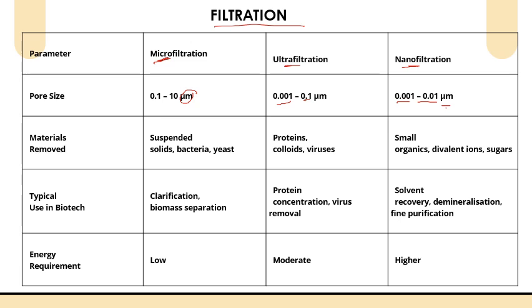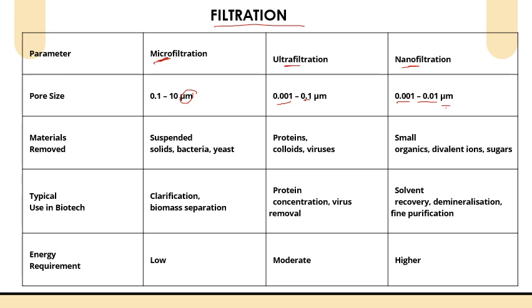So looking at this one, this is a comparison between those three membrane filtration methods used in the downstream process. Looking at microfiltration, it has the largest pore size. It ranges, as I mentioned, from 0.1 to 10 micrometer. It is ideal to remove large particles like bacteria, suspended solids, and also yeast.